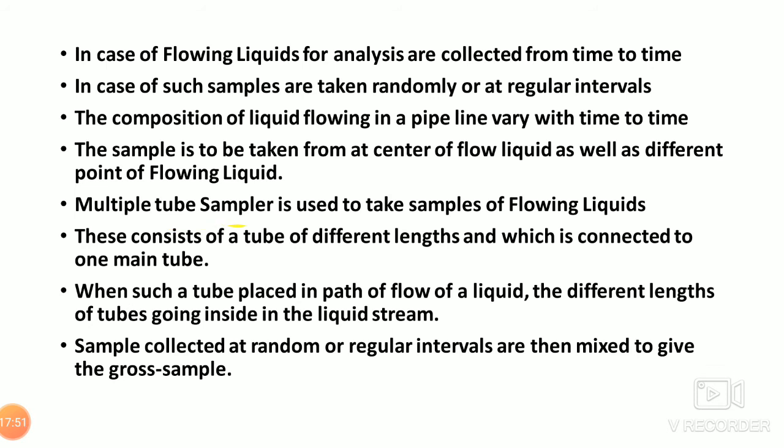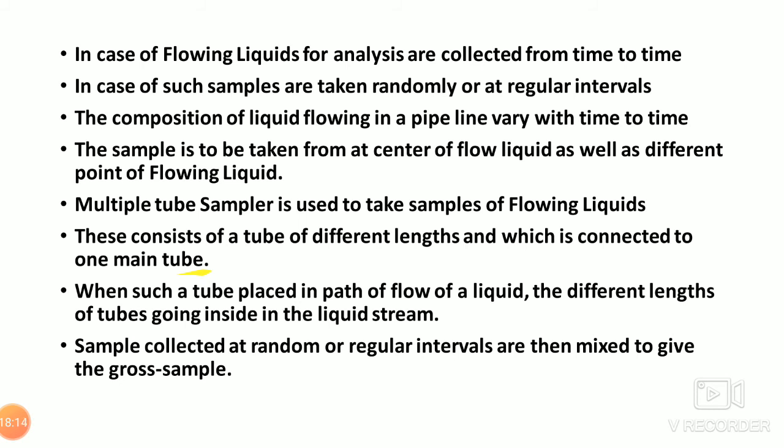A multiple tube sampler is used to take samples of flowing liquids. This consists of tubes of different depth lengths, connected to one main tube, as I explained previously. That means other small tubes with different lengths are connected to the main tube.